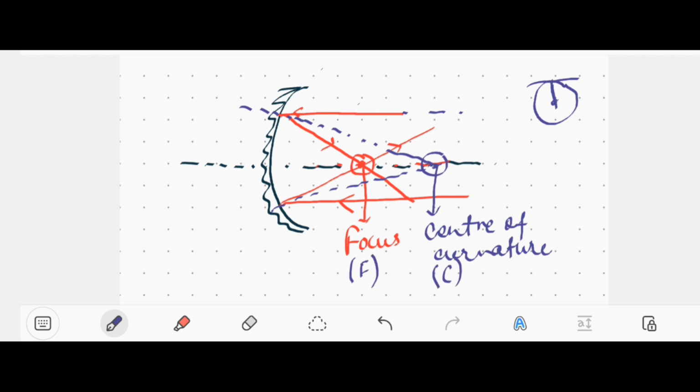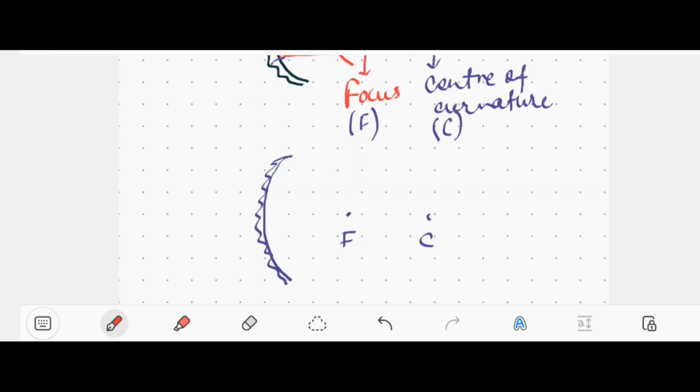Now students, if we join these two points, the focus and the center of curvature, with a straight line, we get a line known as the principal axis.